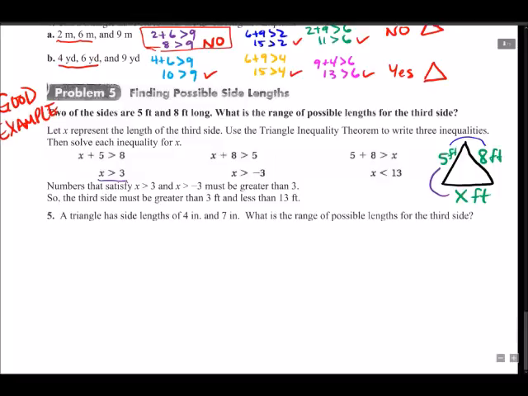So 13 is greater than x. The rule for inequalities: if you switch sides, your inequality has to switch. Up here the alligator is eating the 3, down here the alligator still has to be eating the 3. So x has to be less than 13.